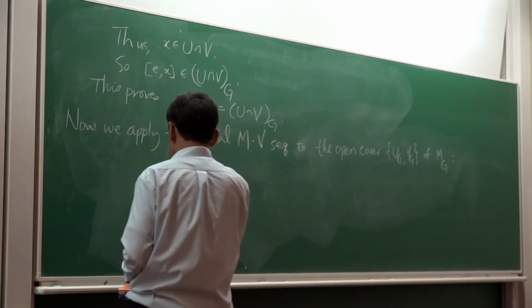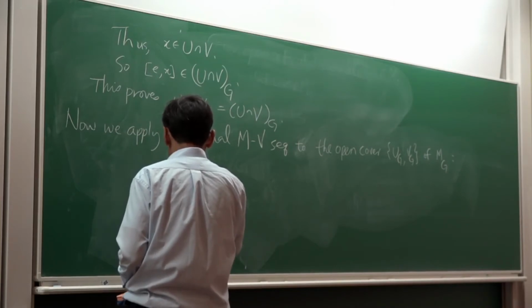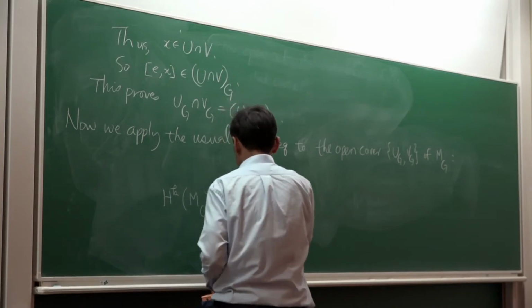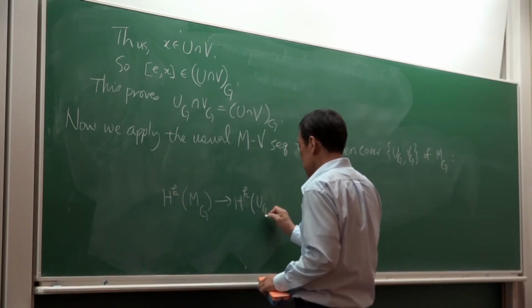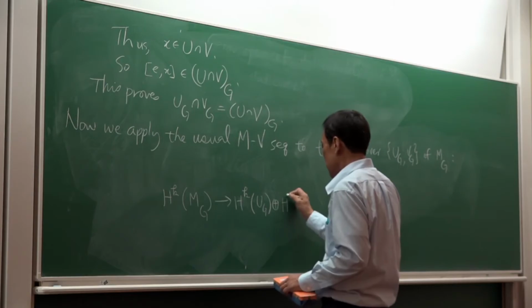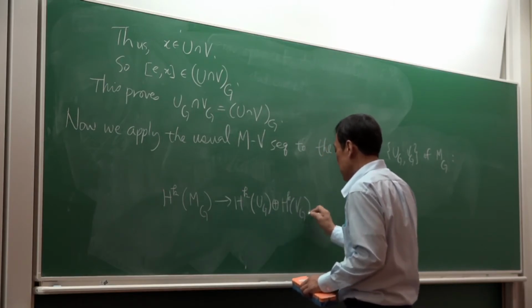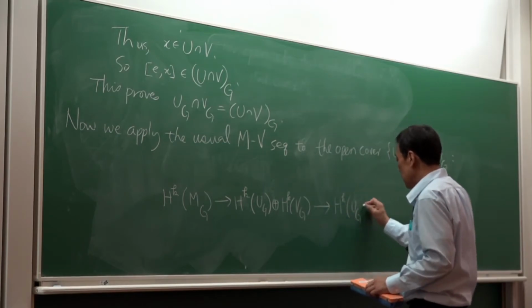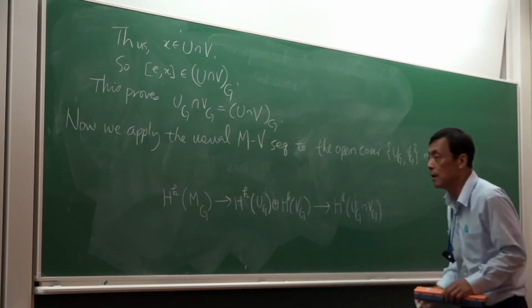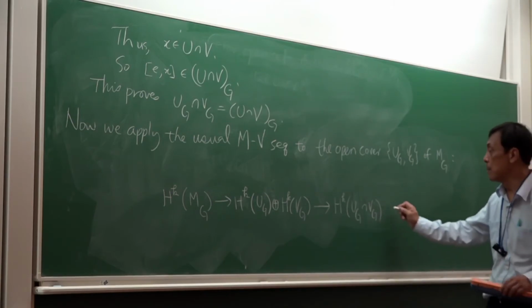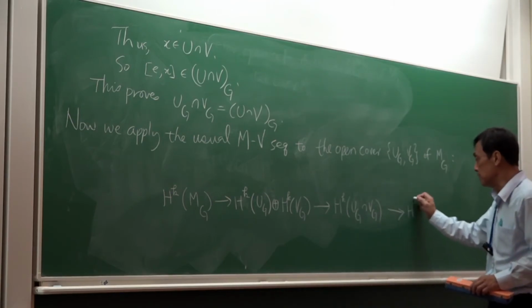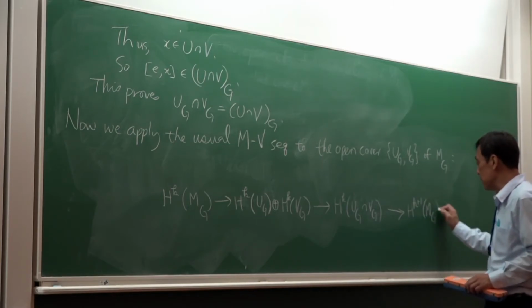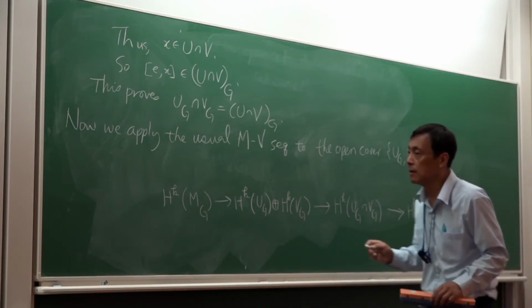And we get H^k of M_G restricting to H^k of U_G plus H^k of V_G restricting to H^k of U_G intersect V_G, and then H^(k+1) of M_G.